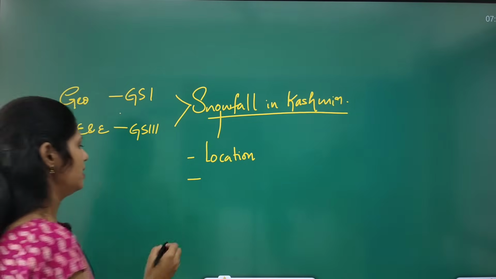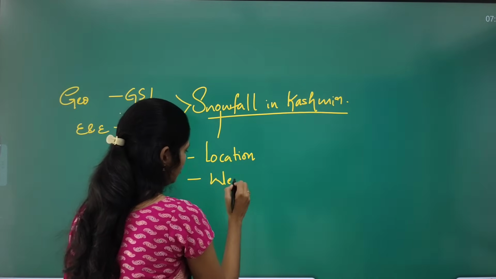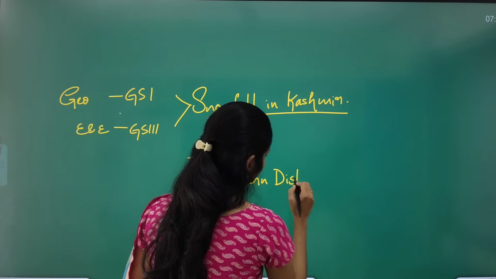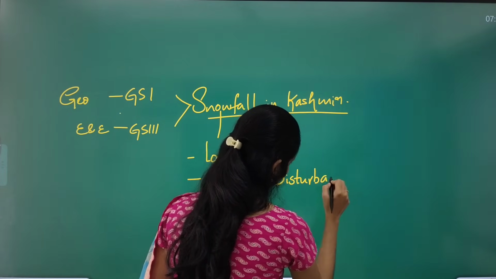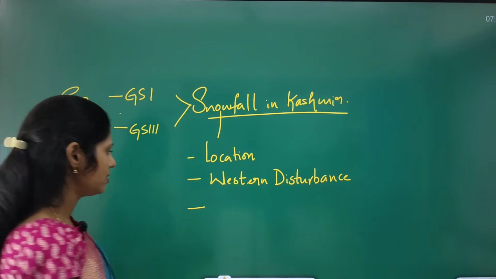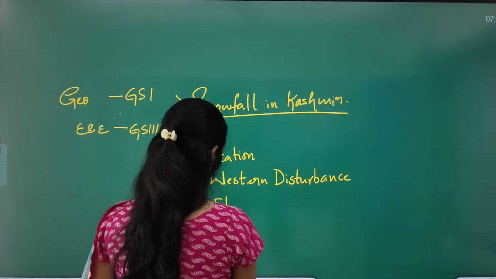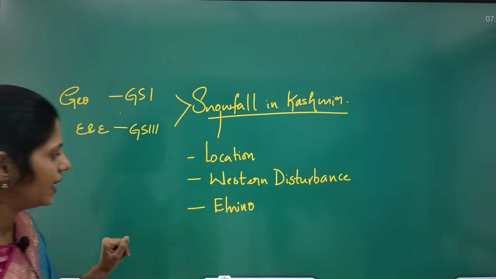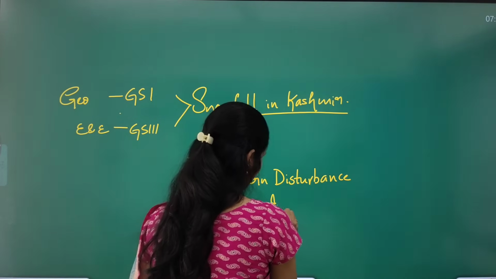That is western disturbance, and the second important concept is El Nino. You will be reading this El Nino topic under Indian climate.